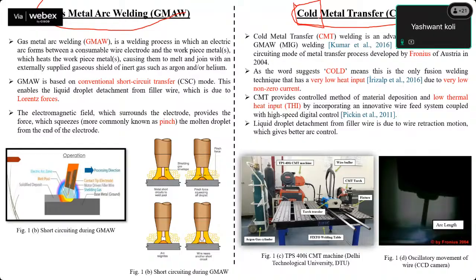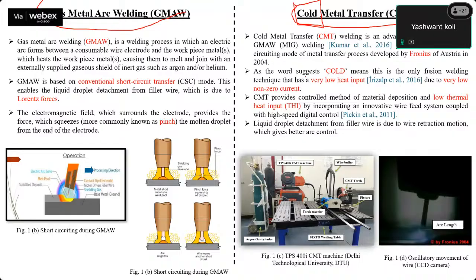So it's using almost two-thirds of the heat, and with lesser heat input, the quality of the weld or the product is higher. So the thermal problem won't be a major issue in this CMT process.